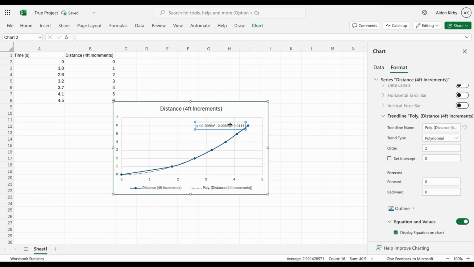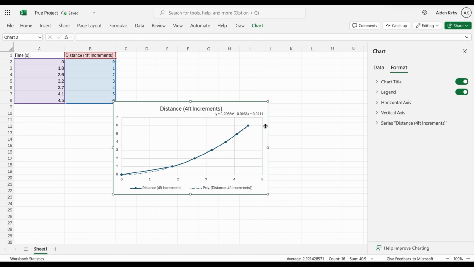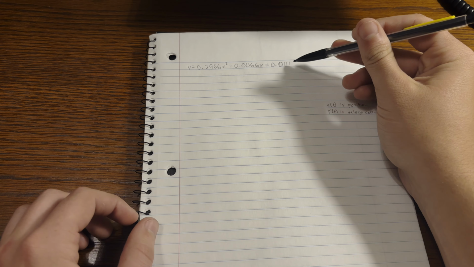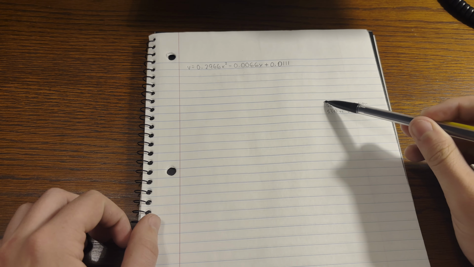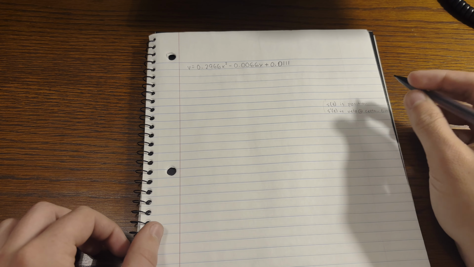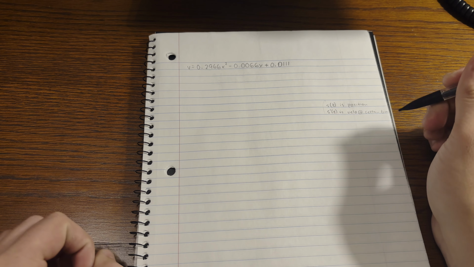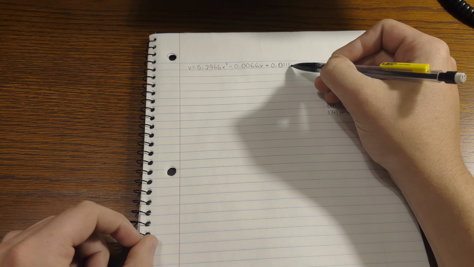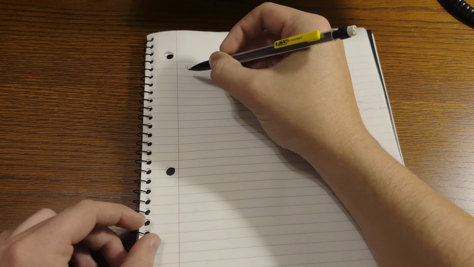All right, so this is our line's equation, but I'll explain more about how this is going to be used to help us find our instantaneous velocity in the next clip. All right, so here's our equation for our line, and here is a little side note. S of t is our position, and the S prime of t is our velocity at a certain time or point, which is also our instantaneous velocity. So this can be called our position function, S of t.